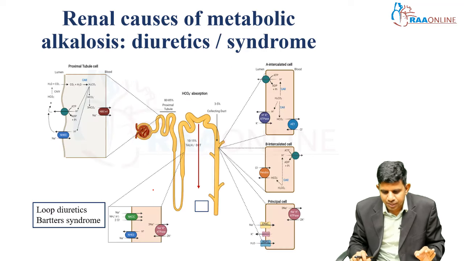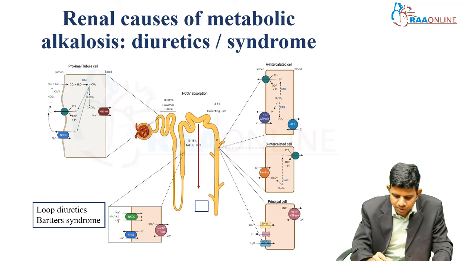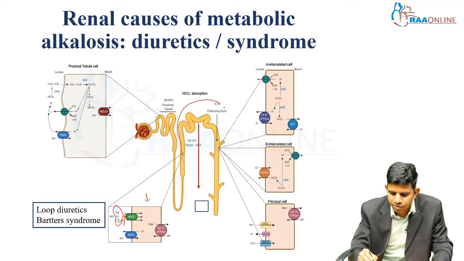It's very simple. For example, this is a loop diuretic, this is the sodium, potassium and chloride channel. Okay. This is blocked here. The sodium absorption is decreased. So, if sodium absorption is decreased here, increased sodium is delivered to the collecting tubule. This sodium will be absorbed here.